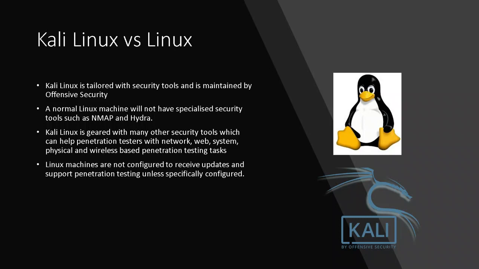Kali Linux is a flavor of Debian, which is one of the most user-friendly Linux flavors, and it's been developed specifically for offensive security tasks, helping penetration testers in a wide category of penetration testing tasks, as stated in the presentation, ranging from network, web, system, physical pen testing, and also wireless.